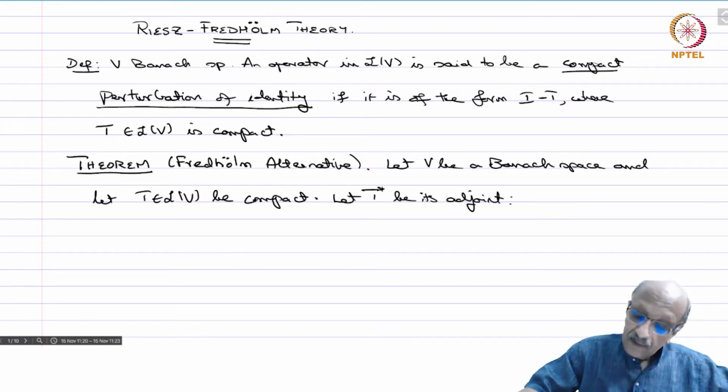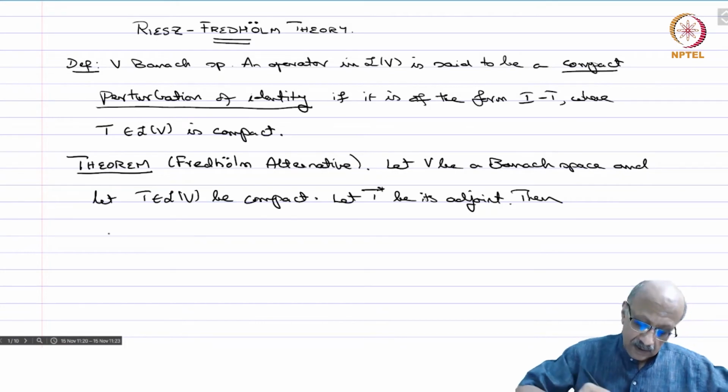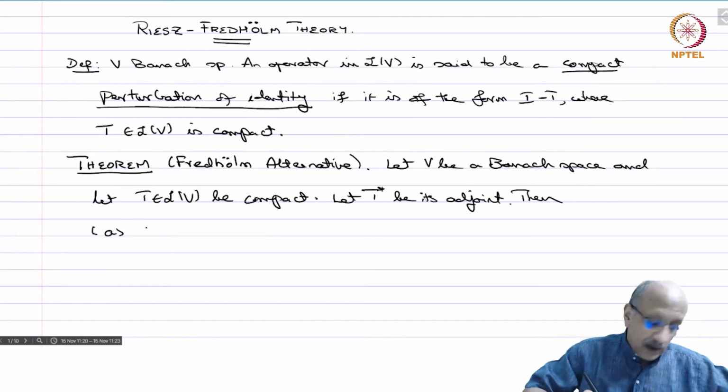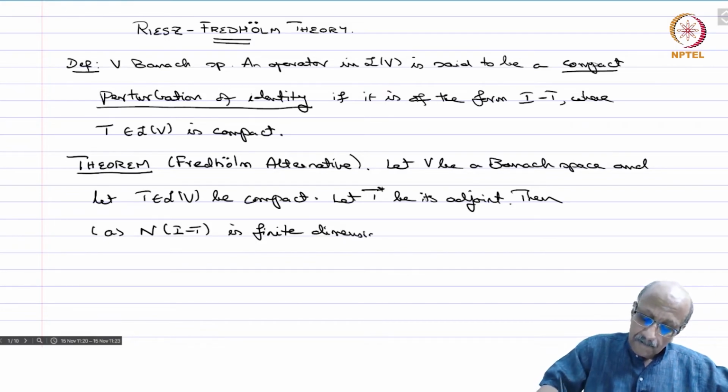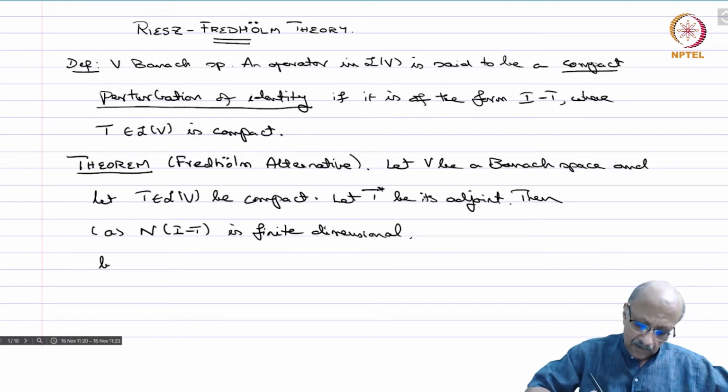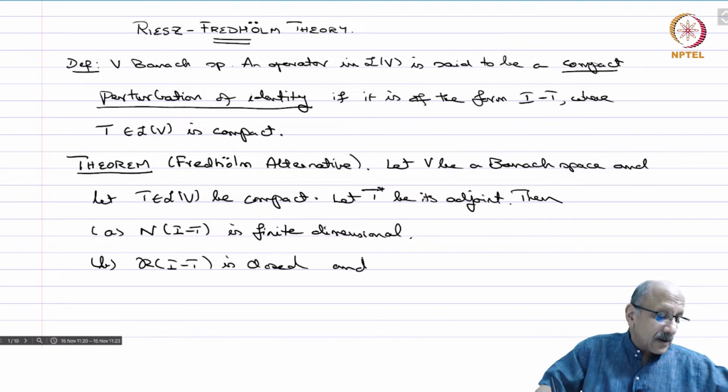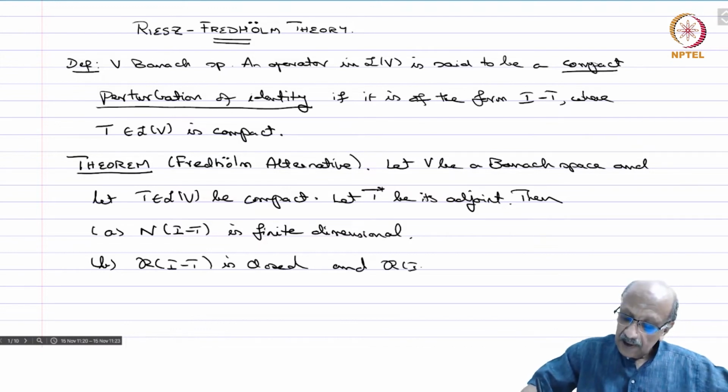Then (A) the null space of I minus T is finite dimensional. (B) The range of I minus T is closed, and the range of I minus T is the annihilator of the null space of I minus T star.